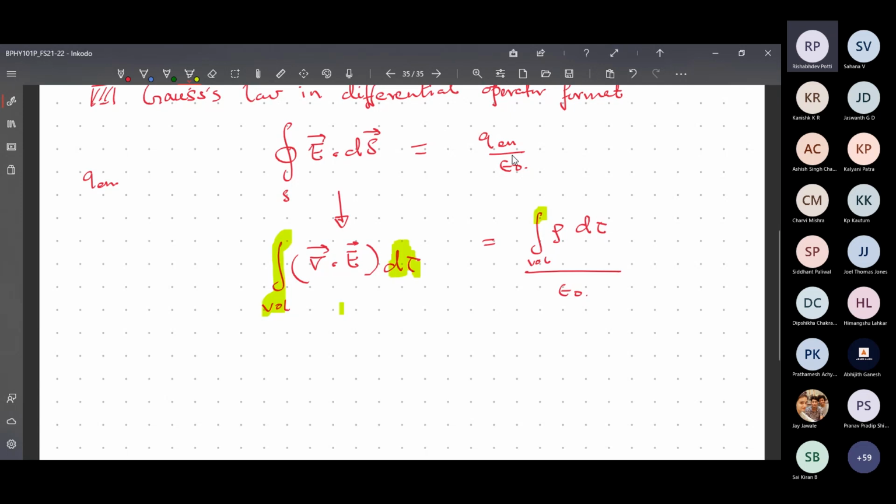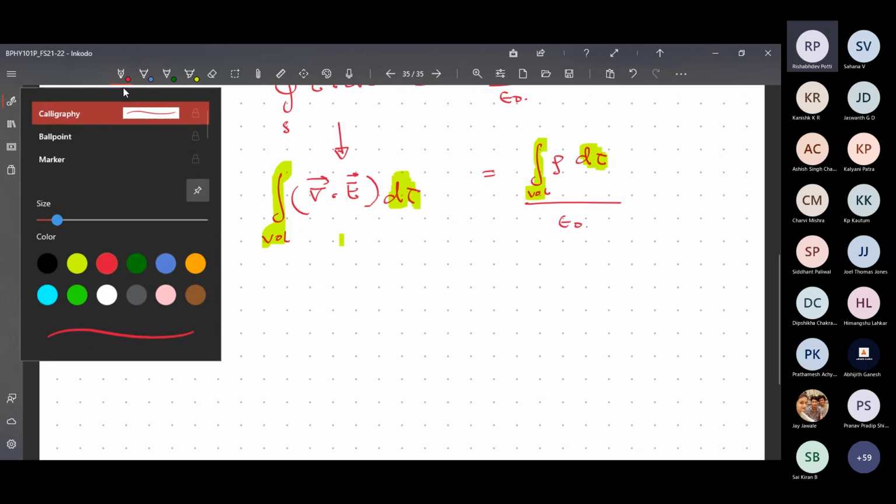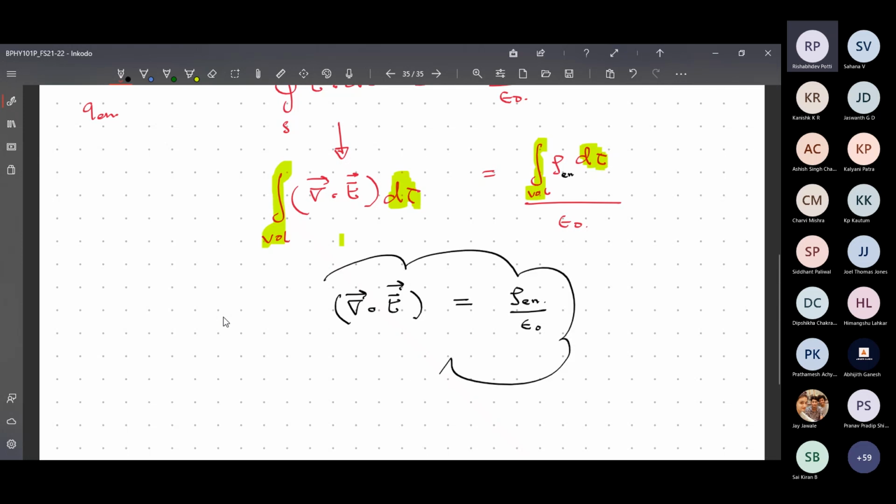These both are similar on the left hand side and right hand side, isn't it? You can think this Gauss's law exactly in this format, rho enclosed upon epsilon naught. So this is the differential format of Gauss's law.